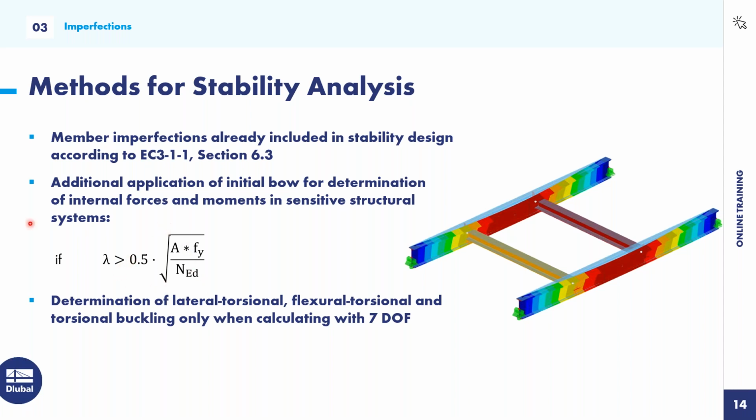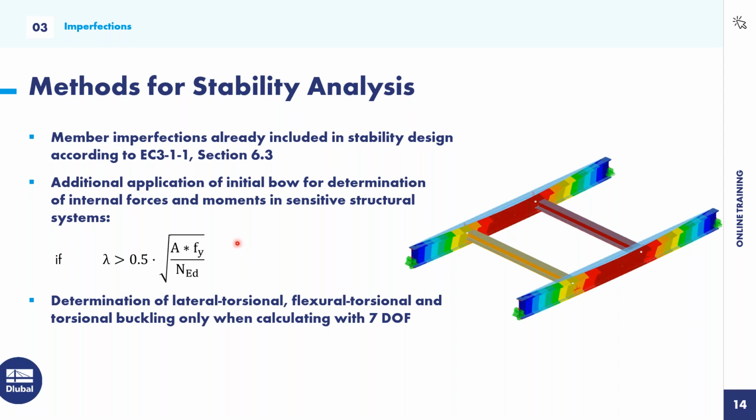And now it becomes very important: when I calculate my critical load factors with the add-on Structural Stability, then I get the results for my buckling length and also the critical load factors. But it's only for the flexural buckling.